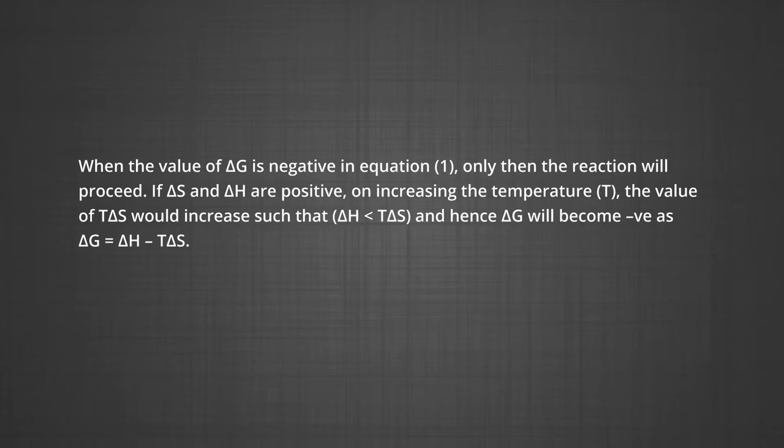If delta S is positive, on increasing the temperature T, the value of T delta S would increase such that delta H is less than T delta S, and hence delta G will become negative as delta G is equal to delta H minus T delta S.